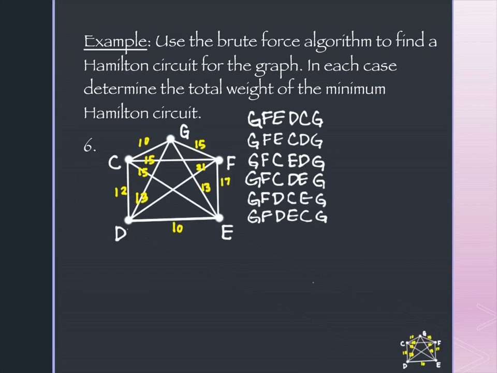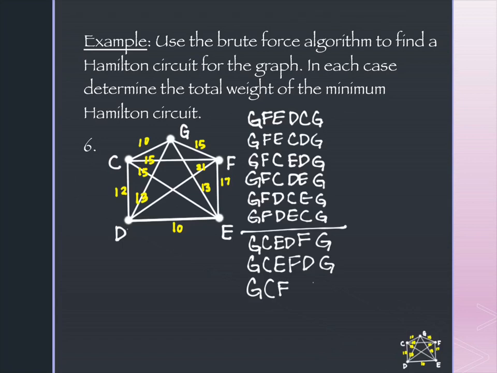So we need to change now from GF to G something else. So GC. So we could do GC, and then we could do E, D, F, G. Did I get them all? I think so. And we keep the first three the same, G, C, E, and then we switch the F and the D. We keep the first two the same, and we change E to F. I've lost my letters.